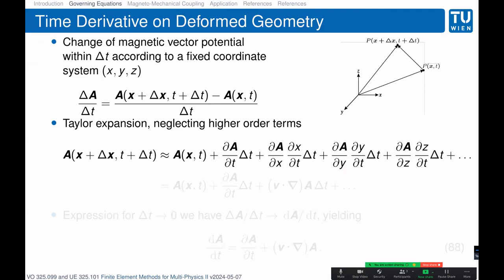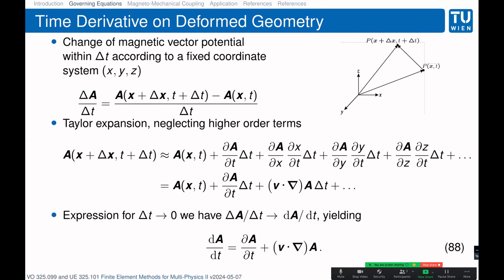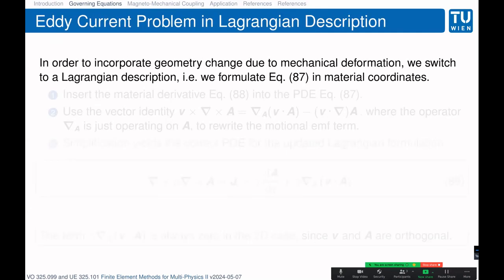And what you see here then is that you can obtain this typical expression for the substantial time derivative. So this is the partial time derivative plus this convective term that is added. So you can now formulate the eddy current problem in the Lagrangian description by using the substantial time derivative.